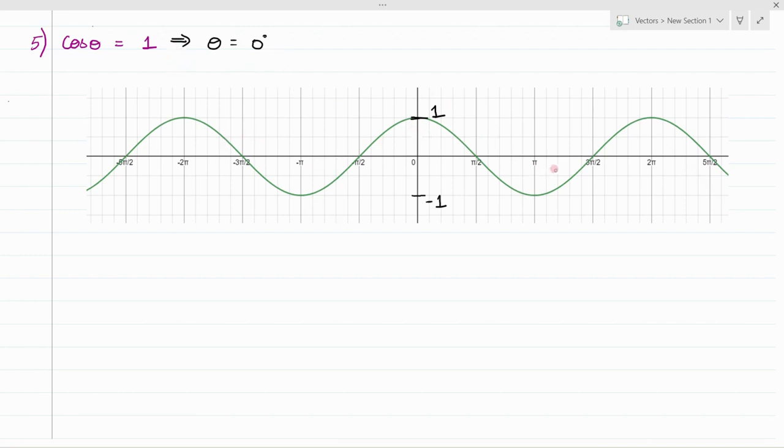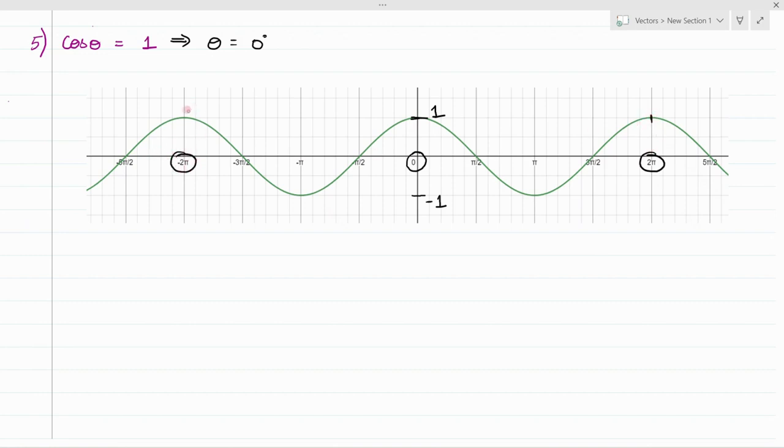So this is the cos theta or cos x graph in which all the radian values are on the x-axis and 1, 0, minus 1 are on the y-axis. So what are the values of theta when cos theta is 1? Theta is 0, because this is the basic solution we know. At this theta value, the cos value is 1. Similarly, for 2 pi, the cos value is 1.